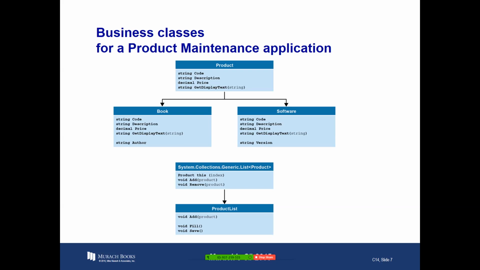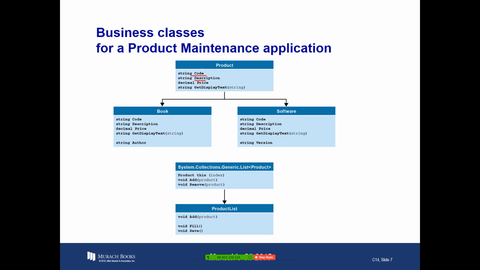So in this product maintenance application, we have this product class, and we're going to use this example throughout this chapter. We have this base class called a product class, and the product class simply has a property which has a code. It's a string. It's got a code, some sort of book code or software code, like the product code, for example.